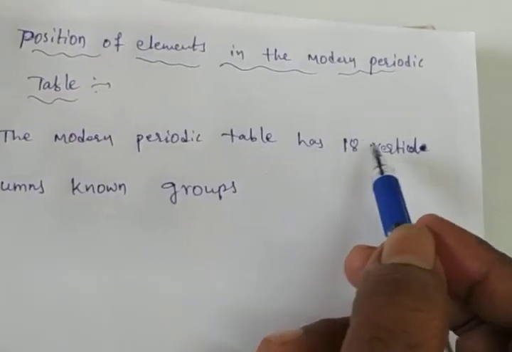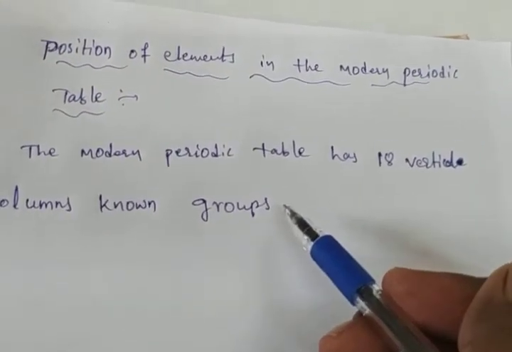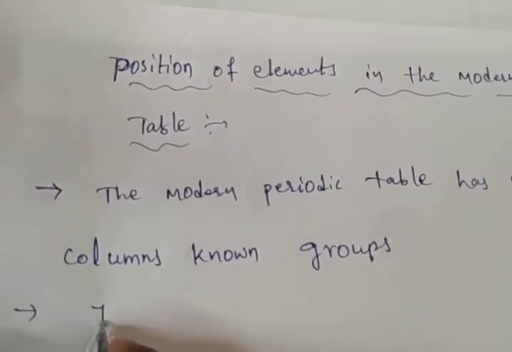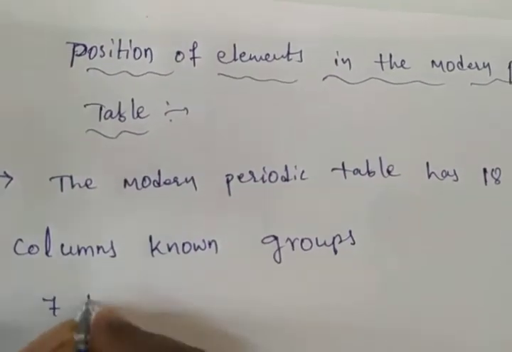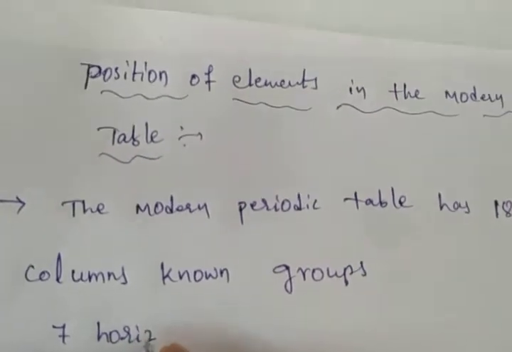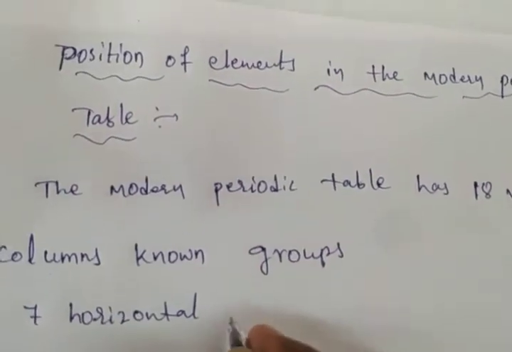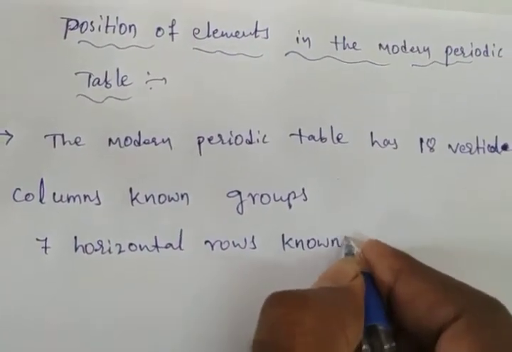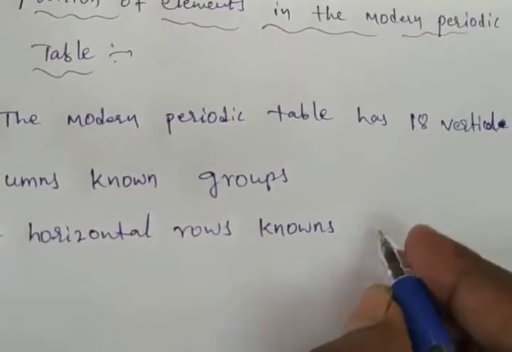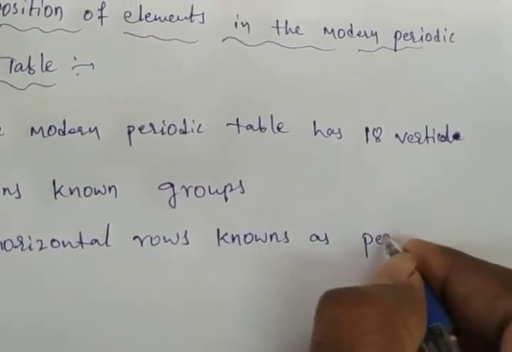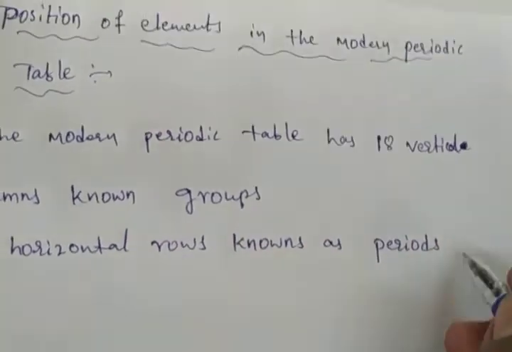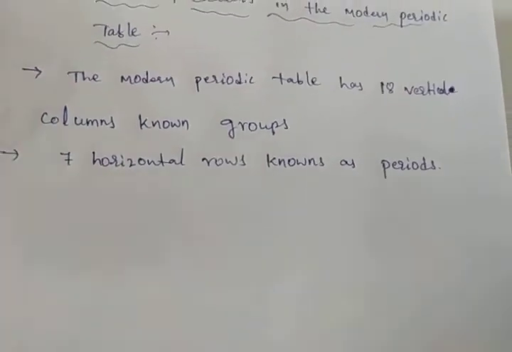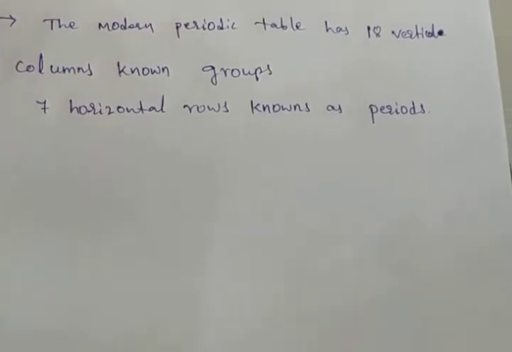The modern periodic table has 18 vertical columns known as groups and 7 horizontal rows. What can we call the 7 horizontal rows? Periods. So the modern periodic table has 18 vertical columns known as groups, and 7 horizontal rows known as periods.